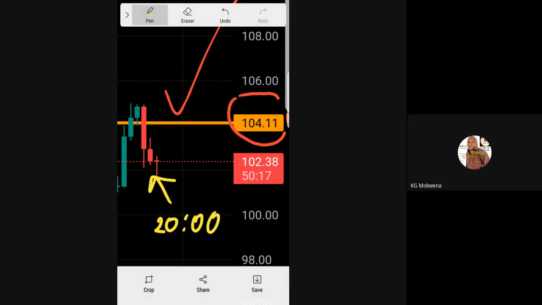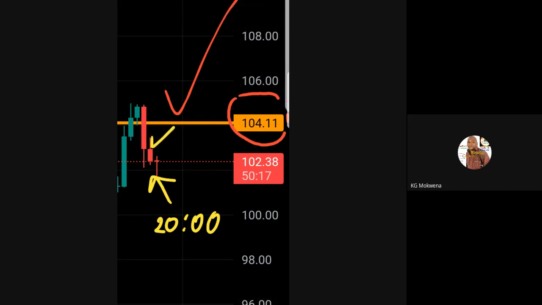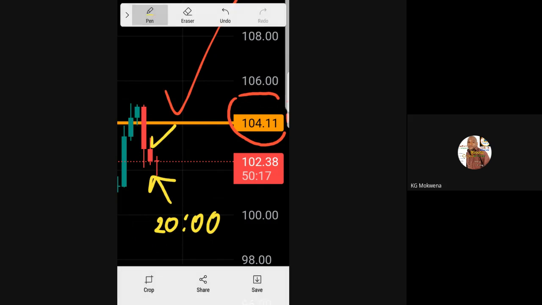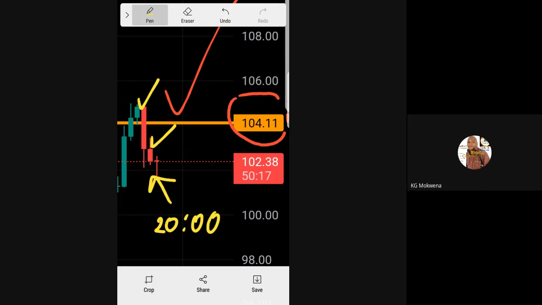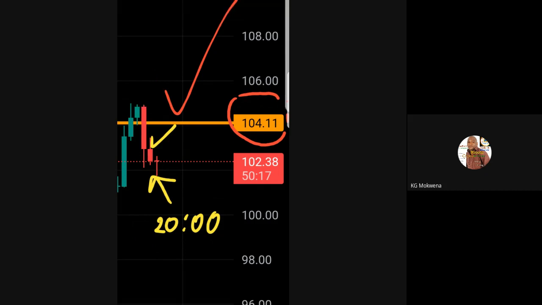It means now we are 11 minutes from 8. So this one is for 19, and this red one.